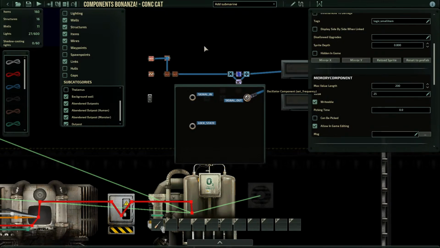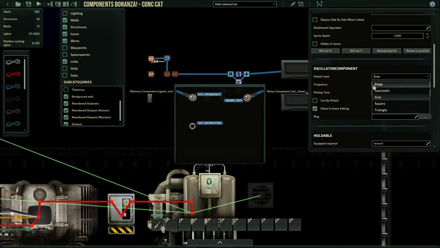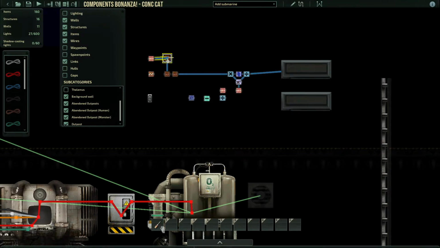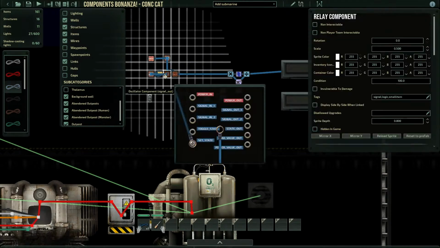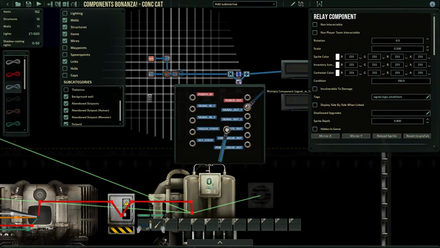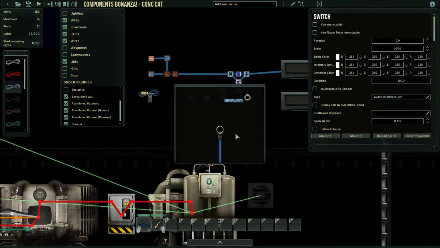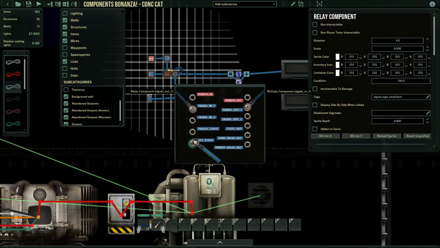Those people don't know what they're missing. Okay, so we're setting a frequency. We're going to have a pulse output here of 25. Basically what this is doing is interrupting the signal from here to here. Okay? This one we can still use to control the flow.